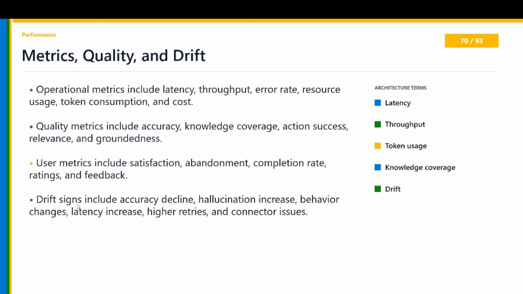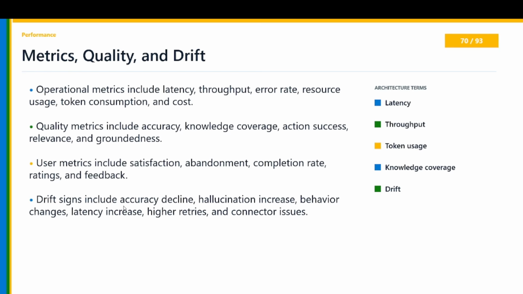Then we have drift signs. Drift is when the agent deviates from generating accurate output, deviates from performing the task it's supposed to perform, or starts hallucinating. To measure drift, these are the signs you can use to determine whether there is a change or deviation from the correctness and accuracy of the agent's output.